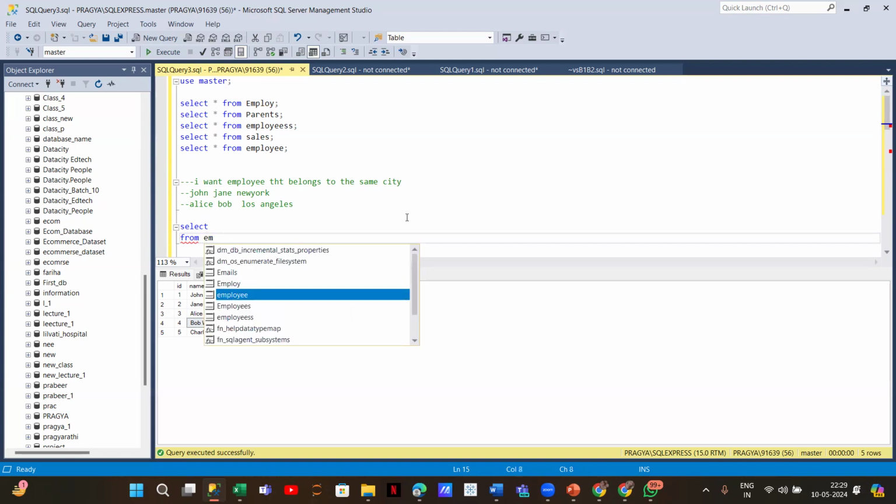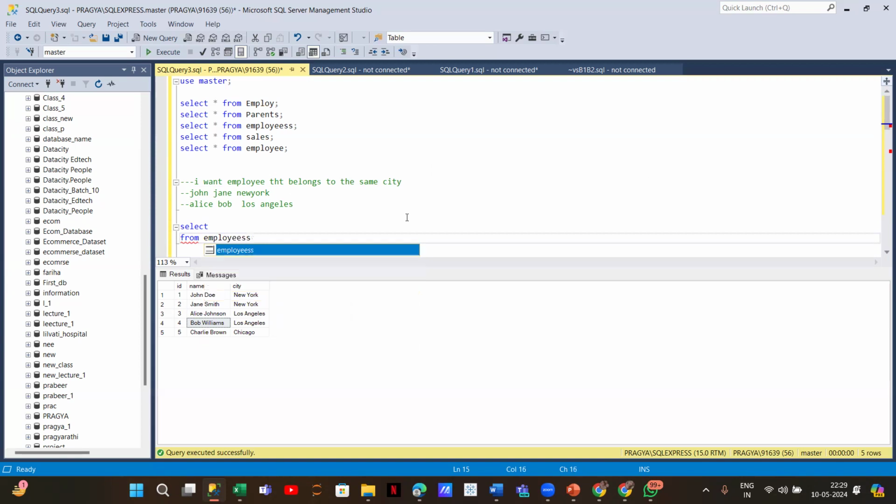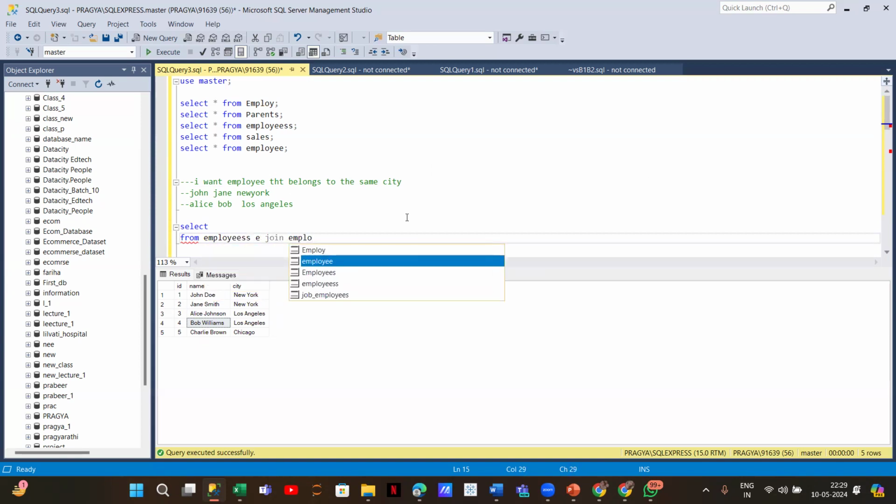And then my table employees E join employees M and my on condition. What will I write in my on condition? Can anybody tell me? Tripti, you tell me.